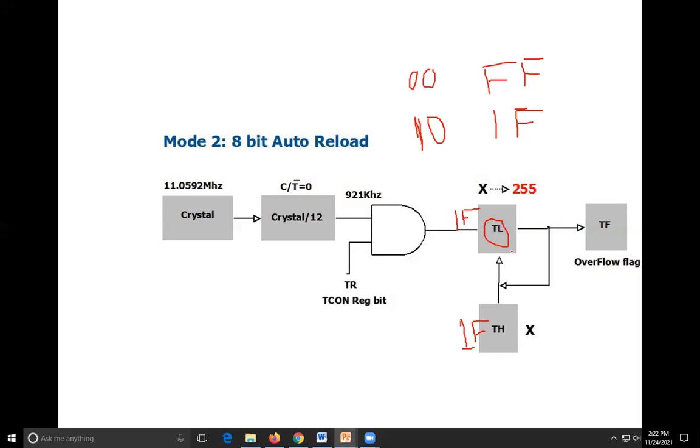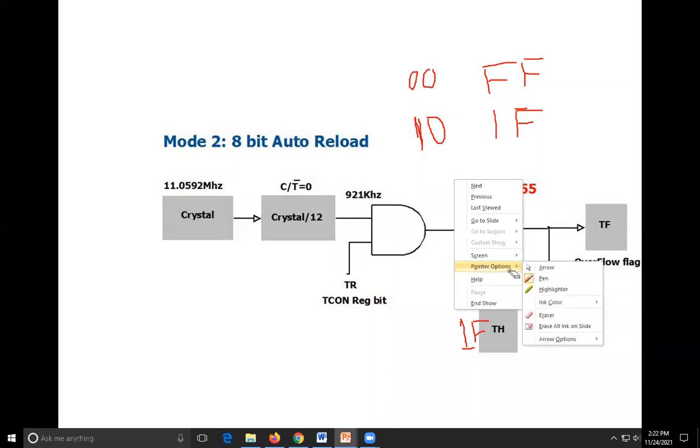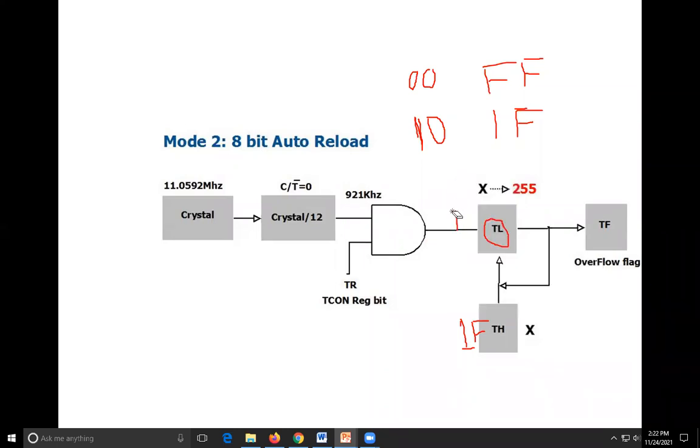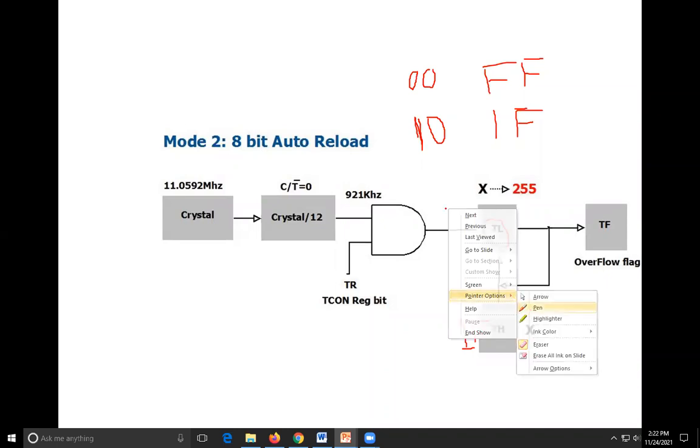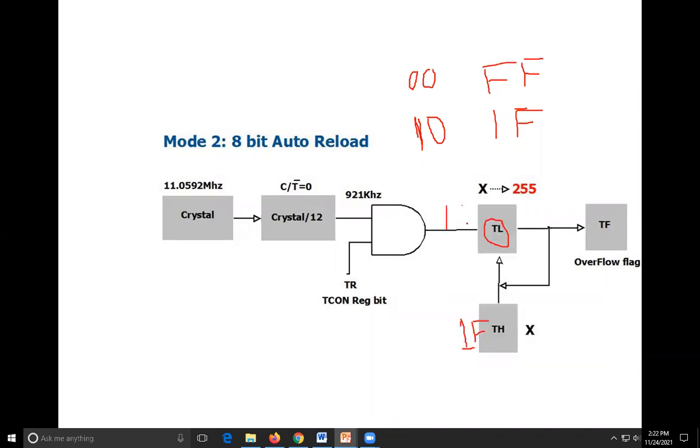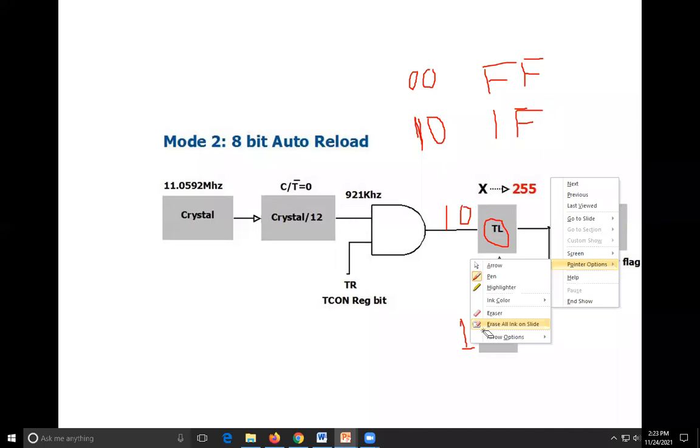Here I am giving the value 10, because we are starting from 10 to FF.